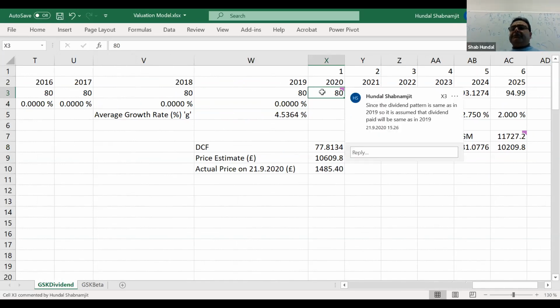Since the dividend pattern is the same as in 2019, I assume that the dividend paid will be the same as in 2019. So it's my assumption. I assume that the company would pay 80 pounds for each share in 2020 as well. So that's my estimate.